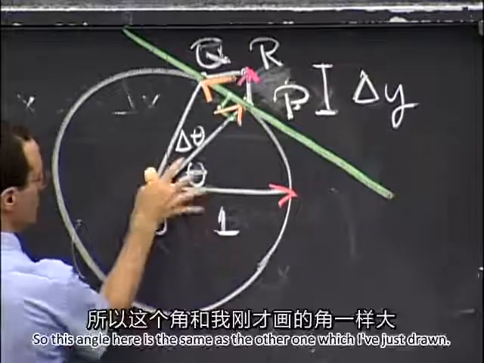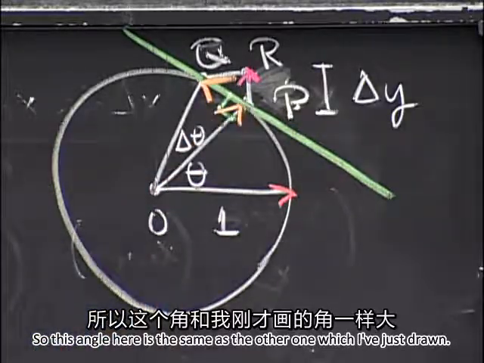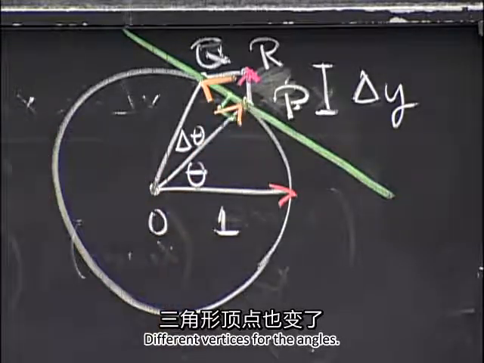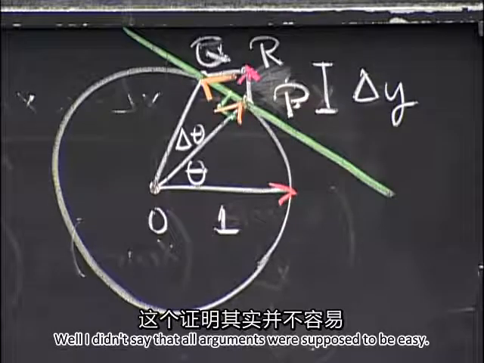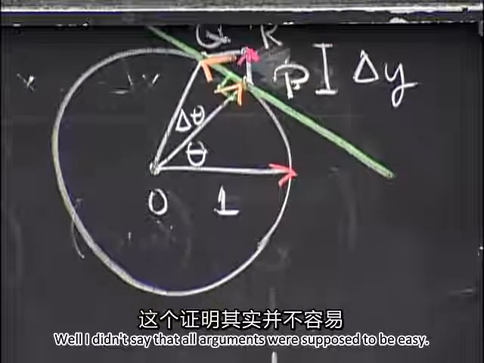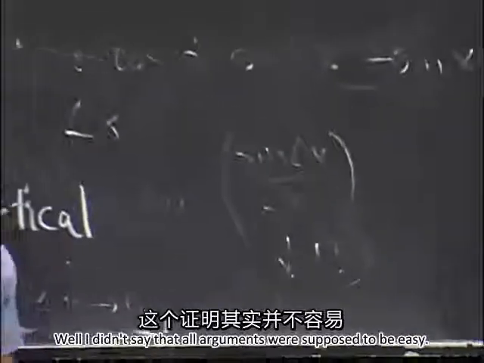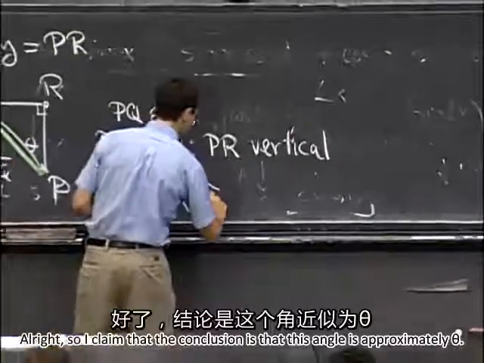All right? So this angle here is the same as the other one, which I've just drawn. Different origins, different vertices for the angles. Okay? Well, I didn't say that all arguments were supposed to be easy. All right, so I claim that the conclusion is that this angle is approximately theta.